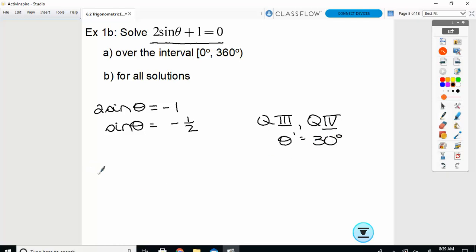30 degrees. So my answer to part A, every answer between 0 and 360. 30 degrees in quadrant 3, so 180 plus 30 is 210. In quadrant 4, you do 360 minus 30, which is 330.